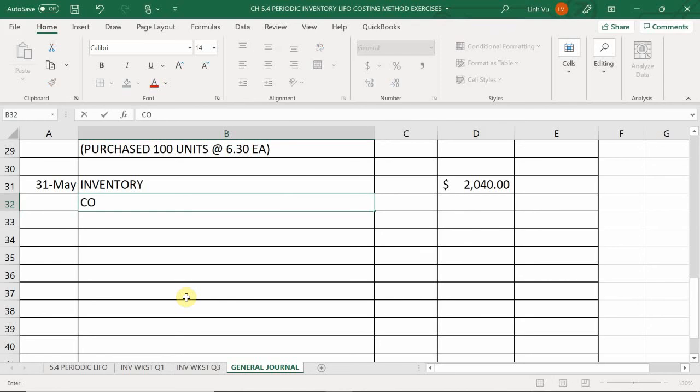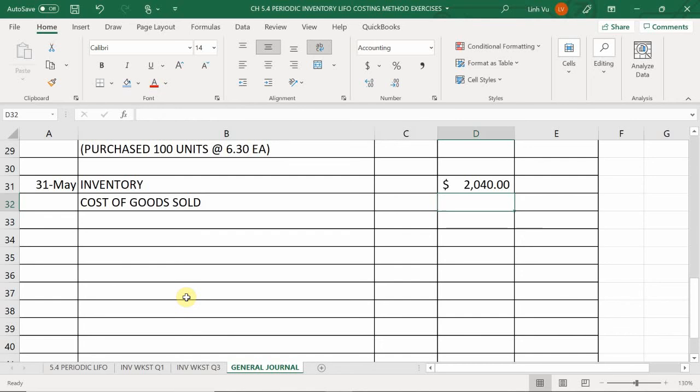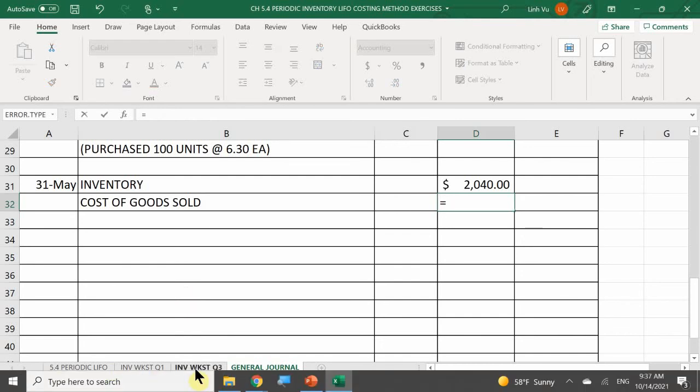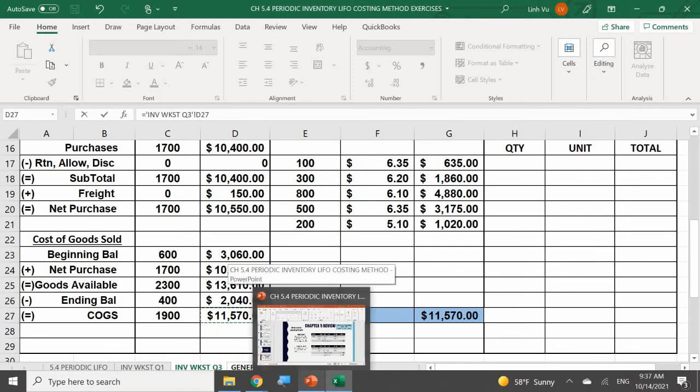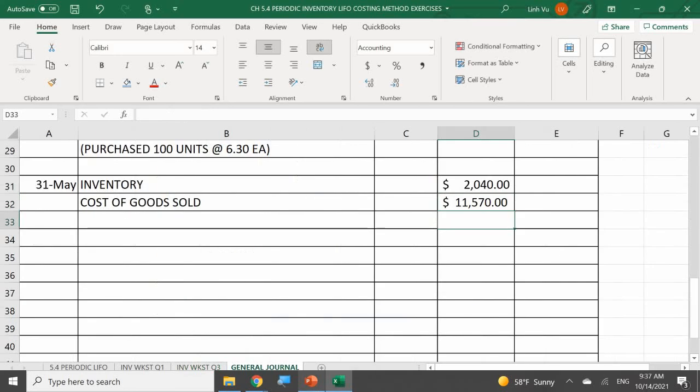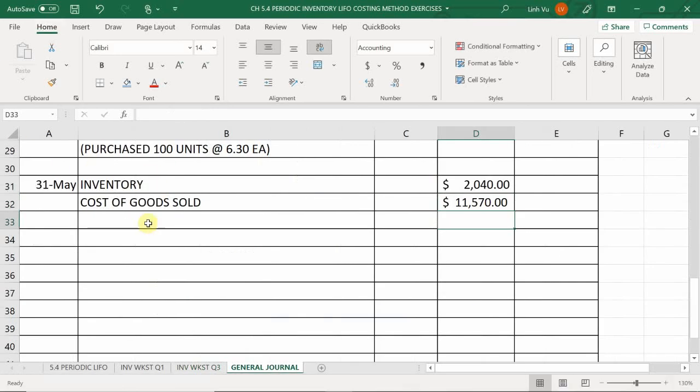You have your cost of goods sold. Okay? For how much? $11,000 $570. Good. All right.